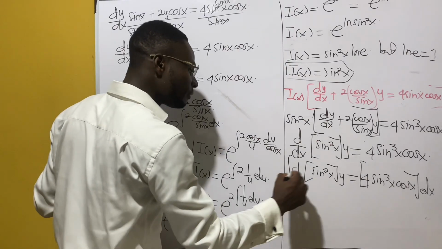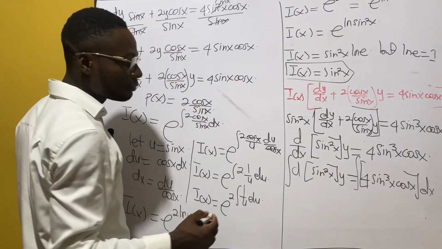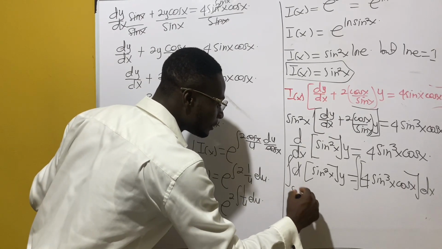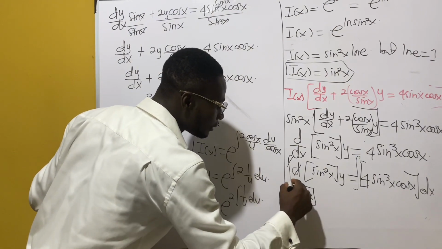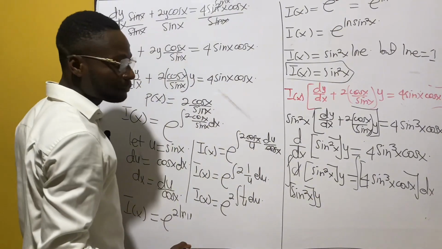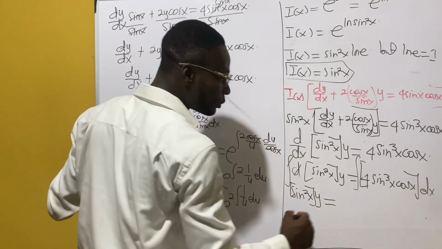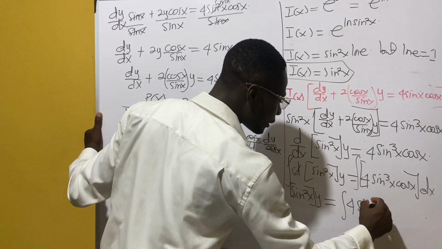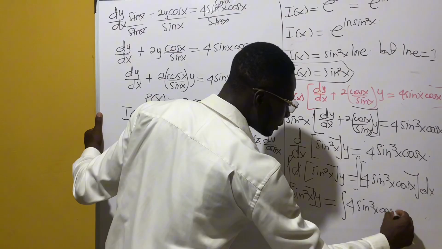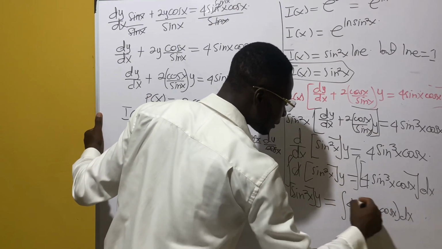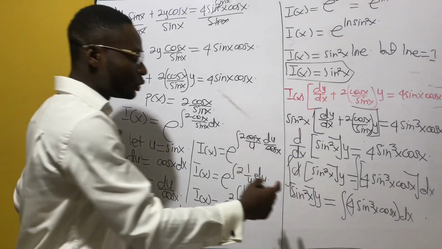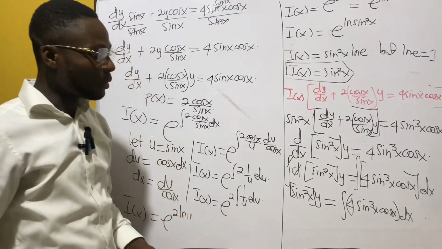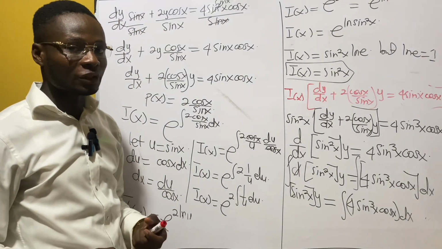So integrating both sides, this takes off this, and then we have sine squared x multiplied by y, and that should be equal to the integral of 4 sine cubed x cos x dx, right? But we know that before we can do this, we have to apply what we call the U substitution, right?